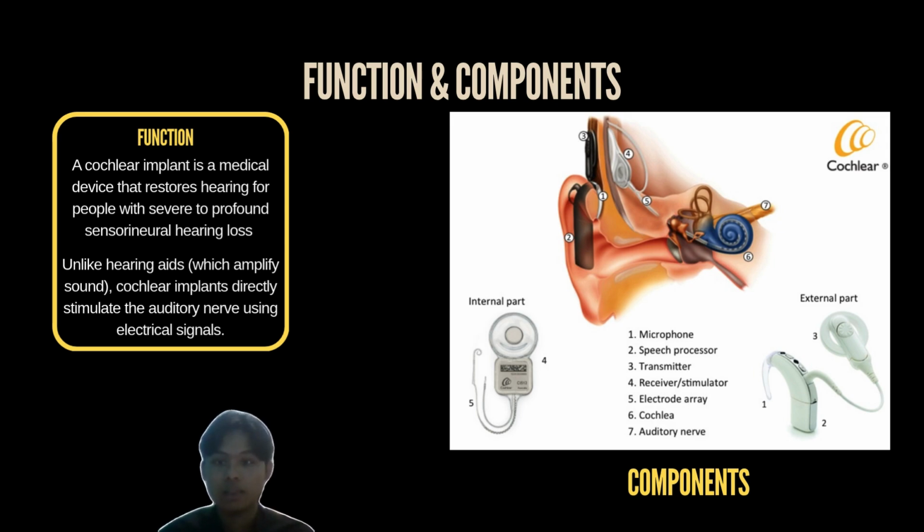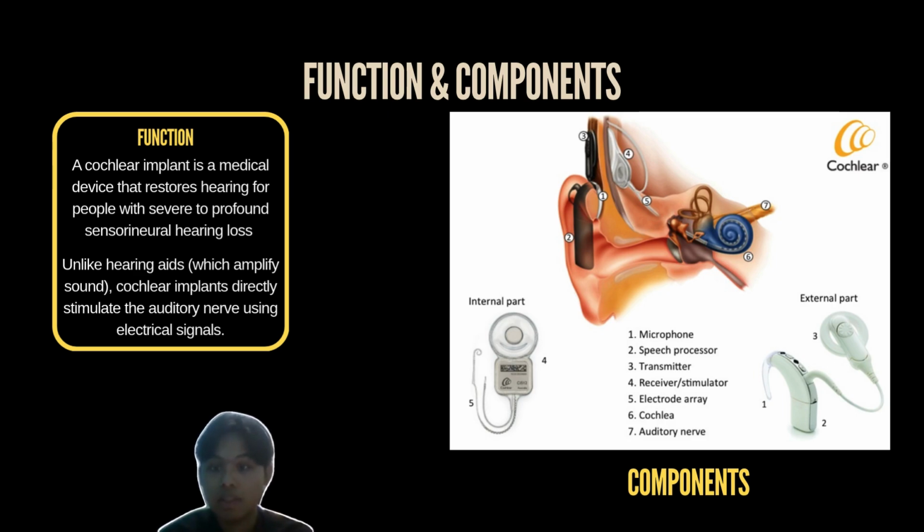Okay, so now I'm going to explain the function and components of the cochlear implant. For the function, the cochlear implant is a medical device that restores hearing for people with severe to profound sensorineural hearing loss. Unlike hearing aids, which only amplify the sound, cochlear implants directly stimulate the auditory nerve using electrical signals.